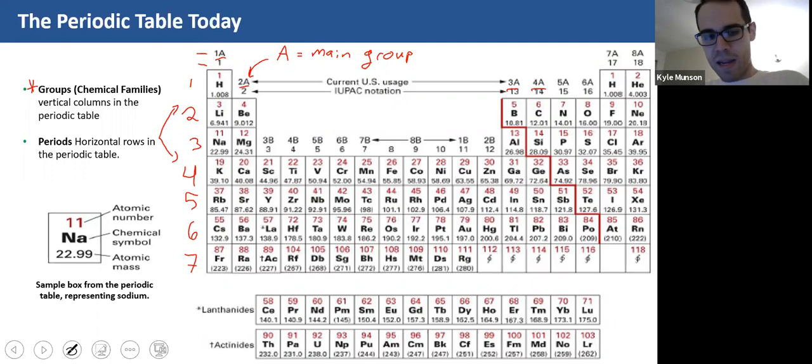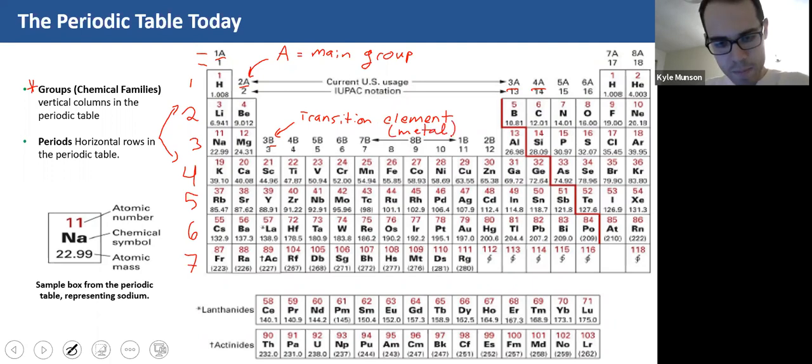So then anything here with a B, okay, this is a transition element, or metal. Okay. So they're transition elements or transition metals. Okay, so B.